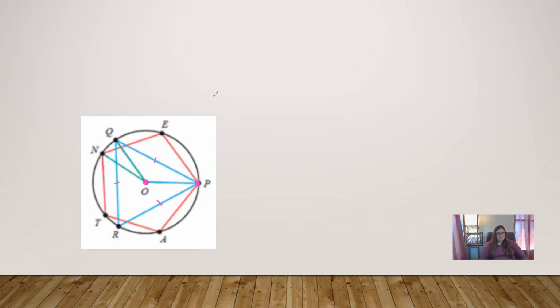So triangle PQR is the equilateral triangle. And if you look at angle POQ, this angle right here, it is 120 degrees.